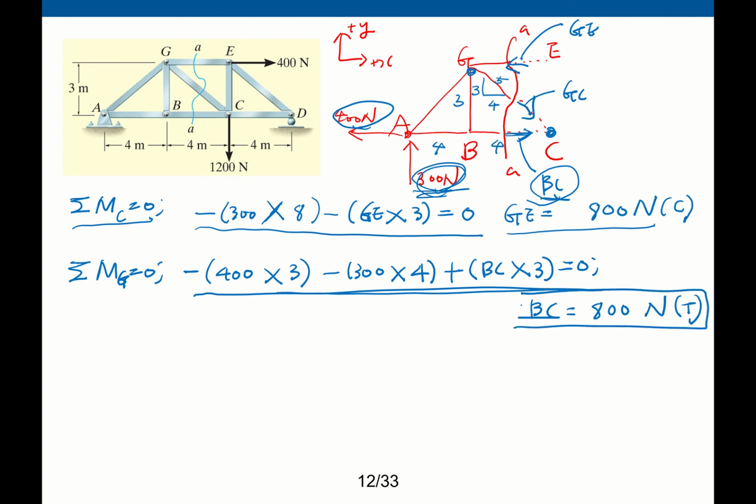Okay, we already found two unknown forces. The last one is GC. How can you find the GC?